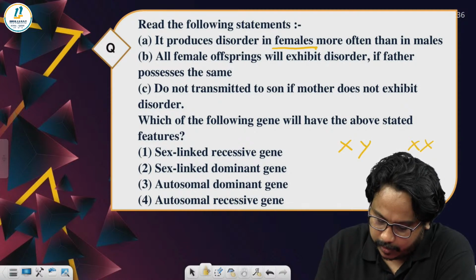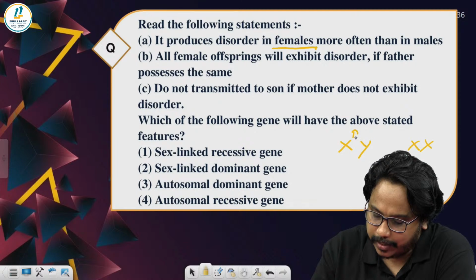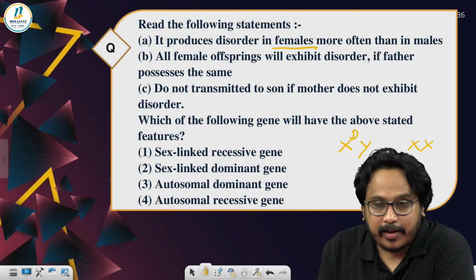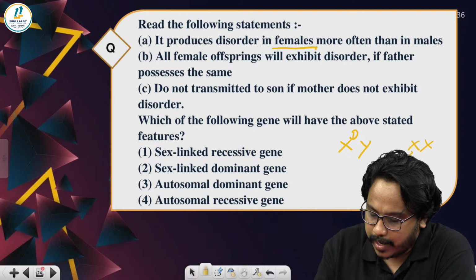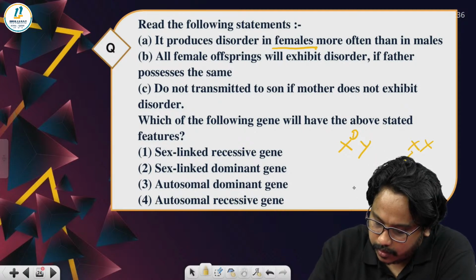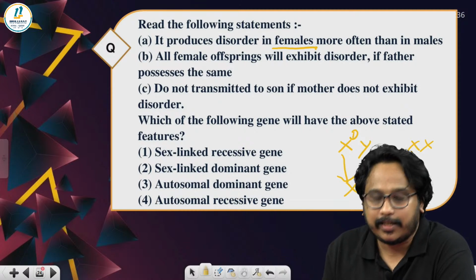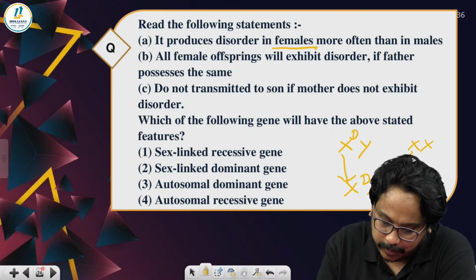For example, if the father is having the defective gene, let me put it as capital D. Always a female child will get one X chromosome from the mother and one X chromosome from the father. Yes or no? So suppose they are getting one from the father and always getting the disease, understand this is a sex-linked dominant gene.